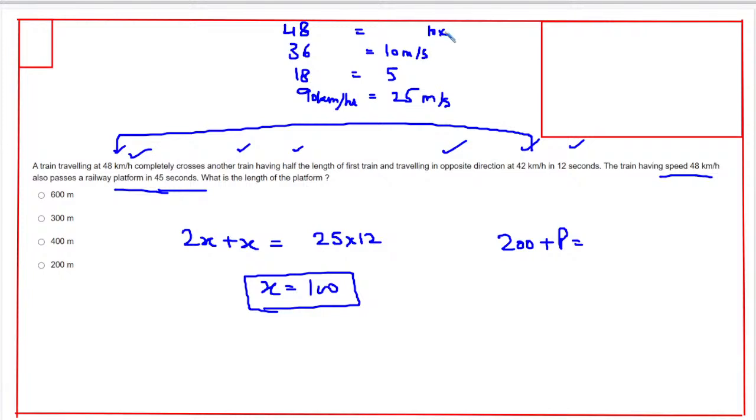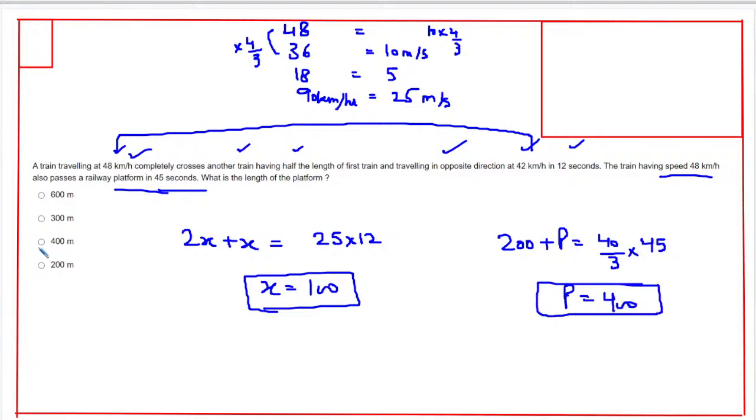When you multiply this by 4 by 3, 12 into 4 is 48. So the speed is 40 by 3 and the time taken is 45 seconds. This gives 15,600 P is equal to 400. An easy question based on the formula again.